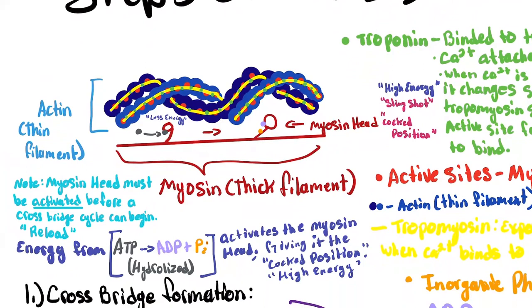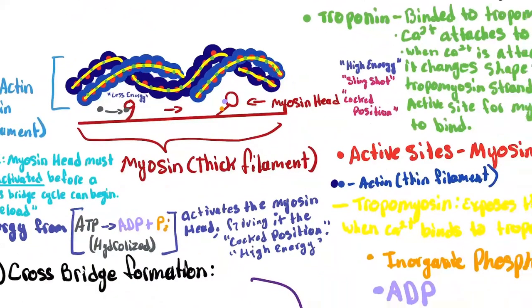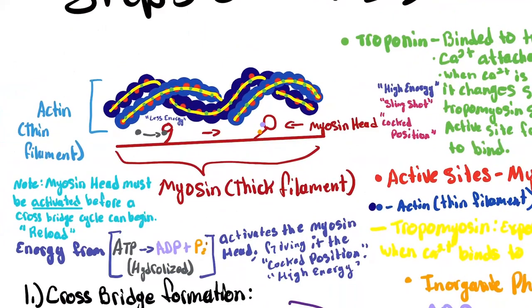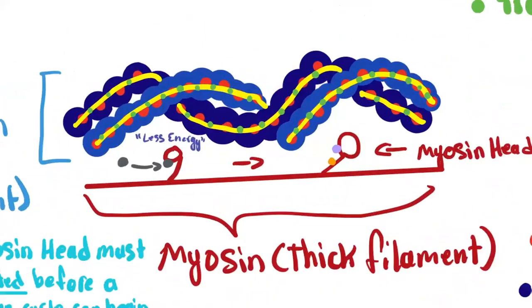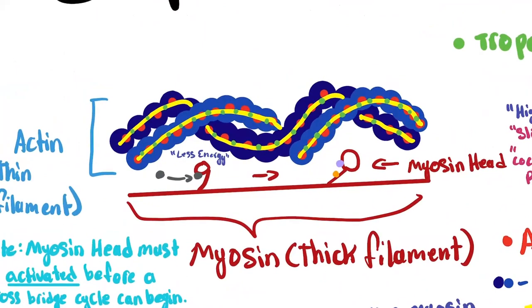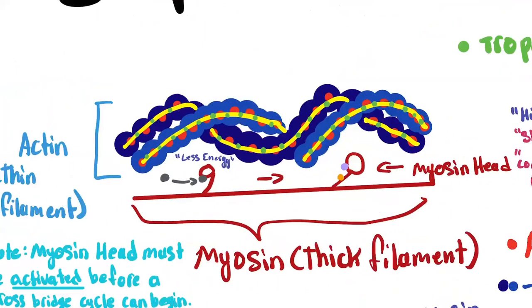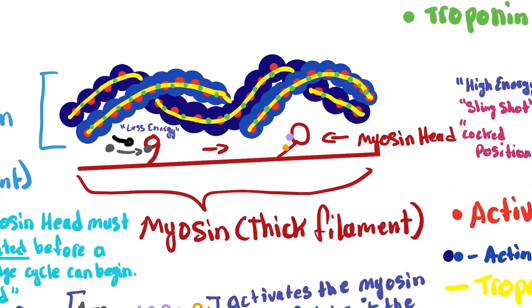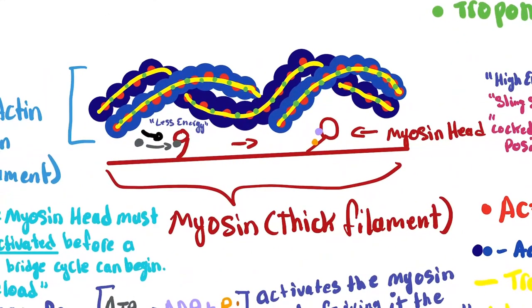And how it gets that energy is that the ATP binds to the myosin head right here. So you see the ATP is coming to the myosin head, and over time it undergoes this process called hydrolyzation.